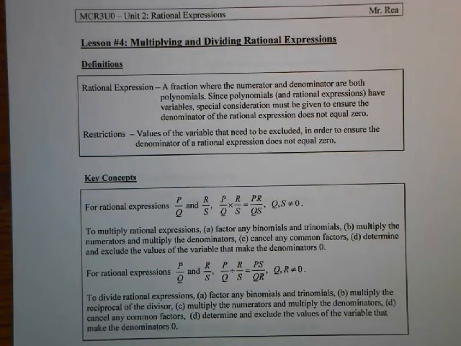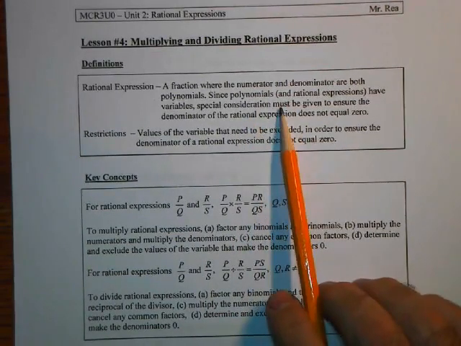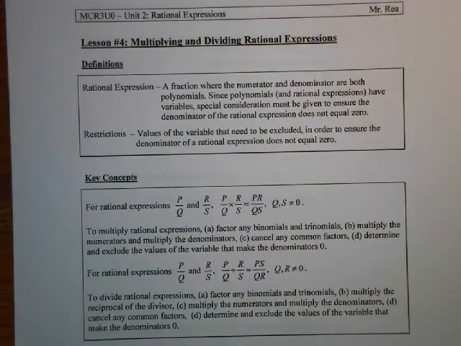Okay, now in terms of the polynomials, we said it's like a fraction where you have polynomials on the top and the bottom. Those polynomials could be any level of complexity. You could have just an integer. You could have a linear expression. You could have a quadratic expression, and higher.